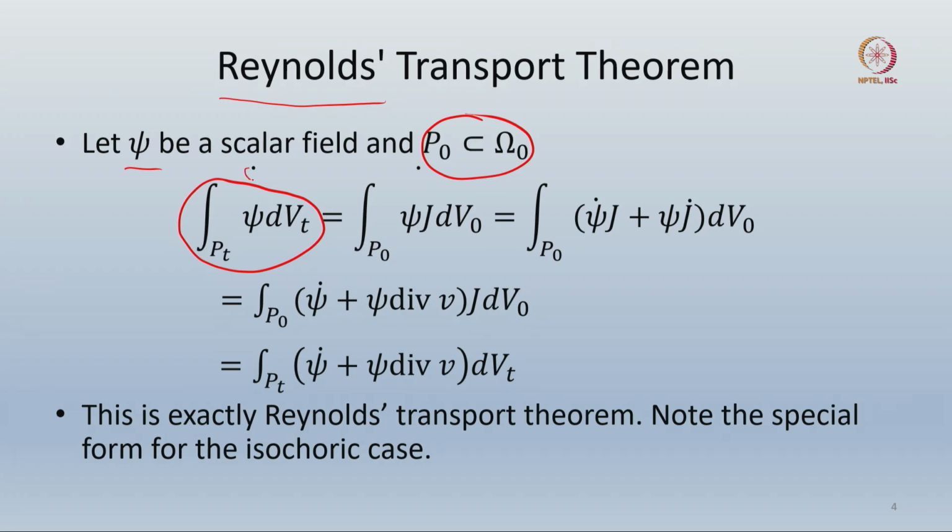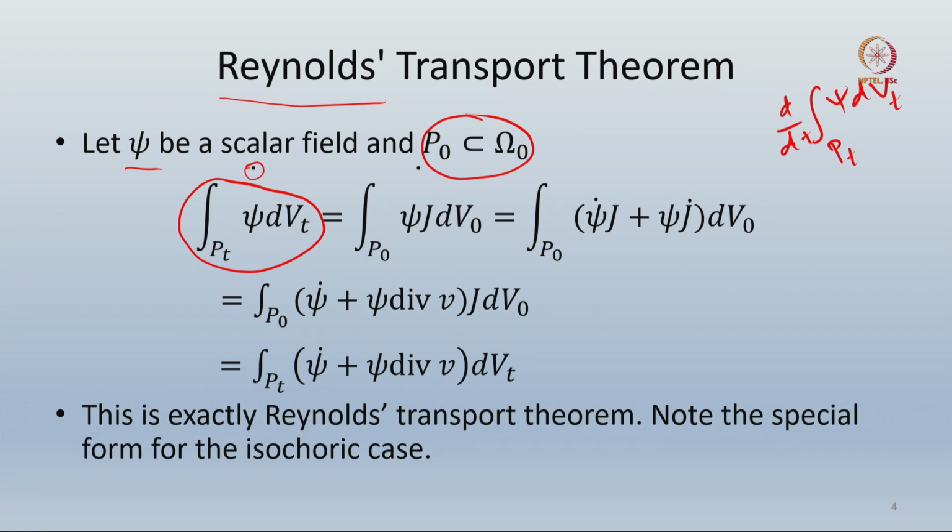This means that this is the integral's derivative with respect to time. It is the same thing as saying d/dt of the integral over Pt of psi dvt, where dvt is a small infinitesimal volume element in the spatial body.